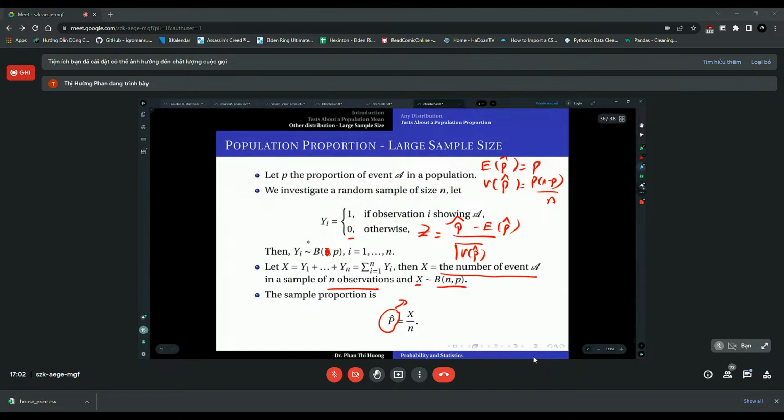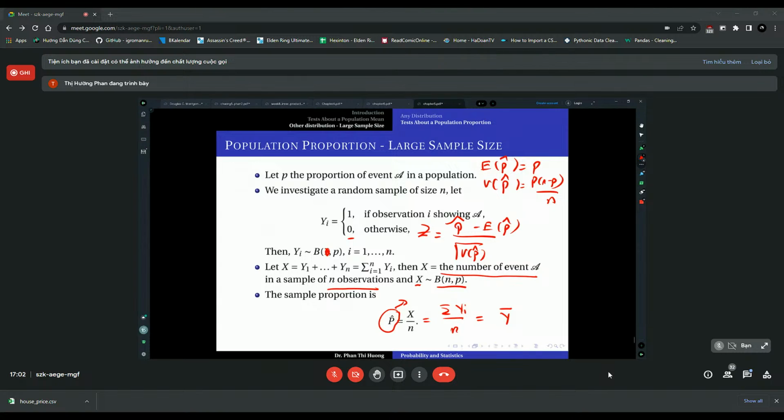Remember that p hat is defined as h over n. Moreover, h equals the sum of yi, so p hat is the sum of yi over n, hence we have y bar. The key is that p hat equals y bar, the sample mean of y1, y2 until yn.